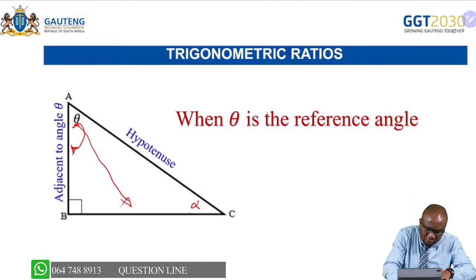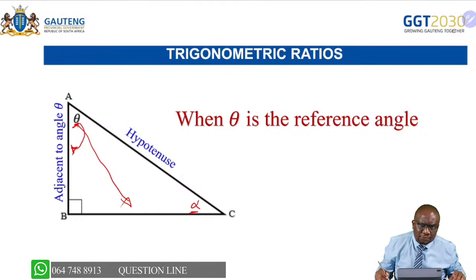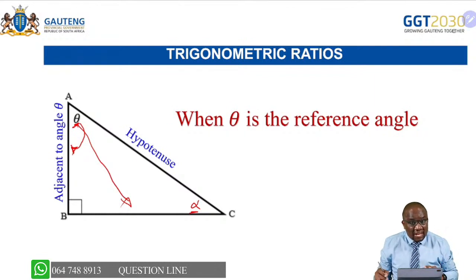When I'm saying alpha, I'm talking about this one. But when you look at the angle theta, it's now adjacent to angle theta. You see that? So it is very, very important to check which angle you are referring to, and then you identify the side. Okay? So now you're going to be applying that in today's lesson. And I want you to get everything correct.